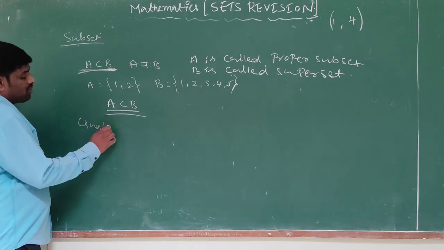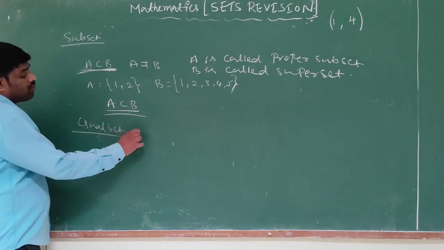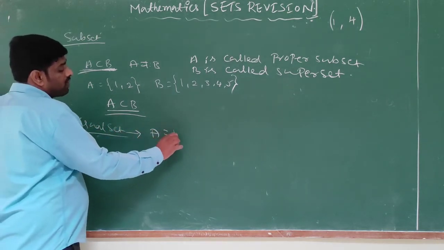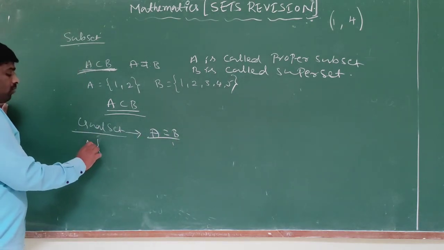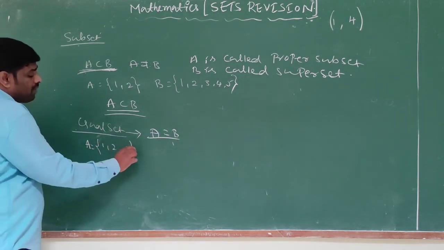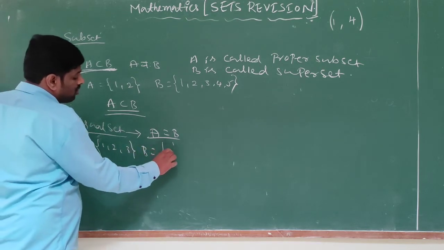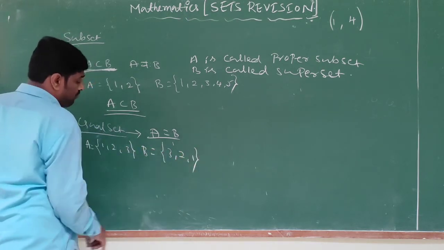So the next concept is equal sets. Suppose A is equal to B. Here A is equal to {1, 2, 3} and B is equal to {3, 2, 1}.